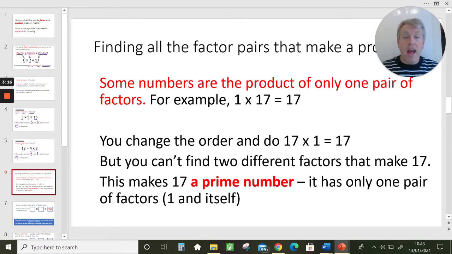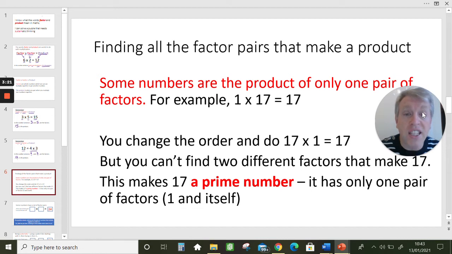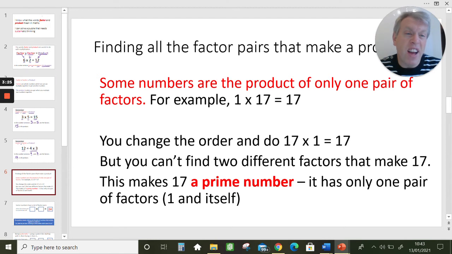Okay. And one of the things that it's useful to be able to do in maths is to find all the factor pairs that make a product. Factors, we're going to normally find them in pairs, aren't we? Because it's something times something, so two things. Some numbers are the product of only one pair of factors.